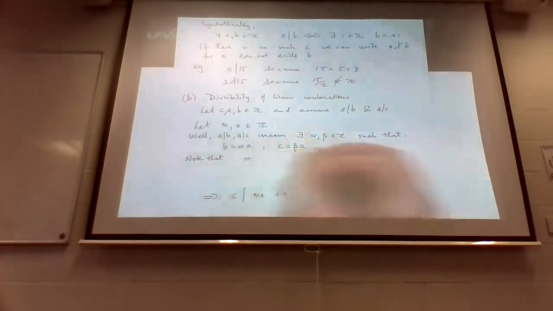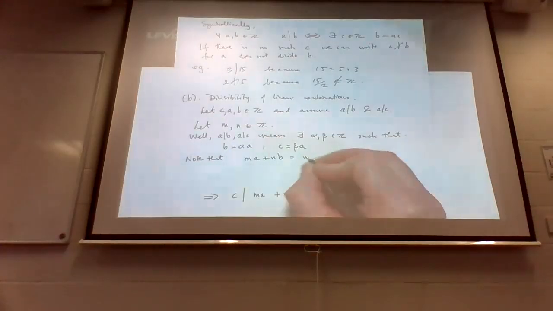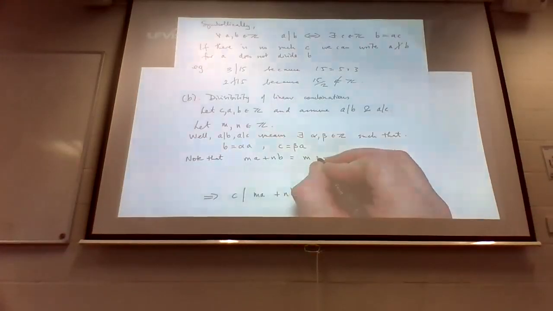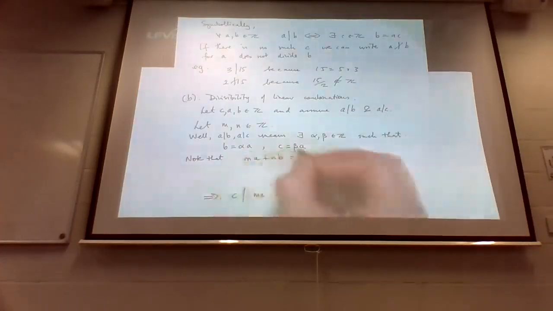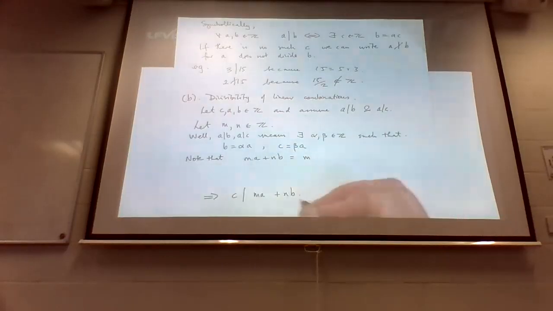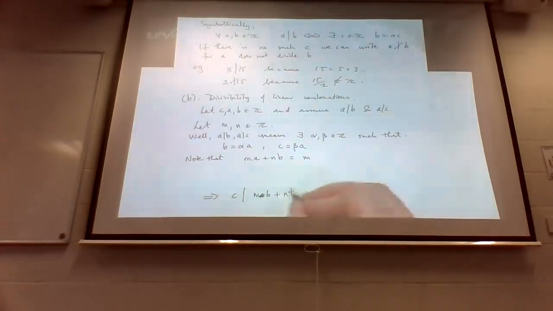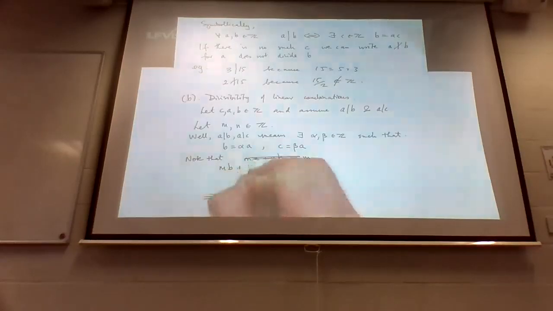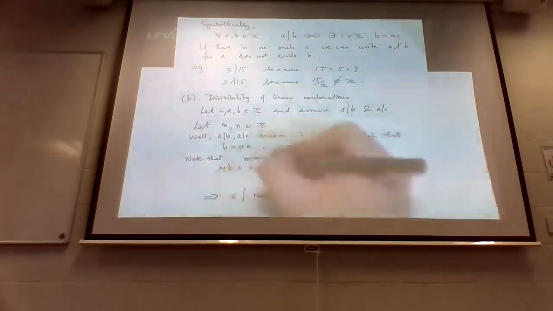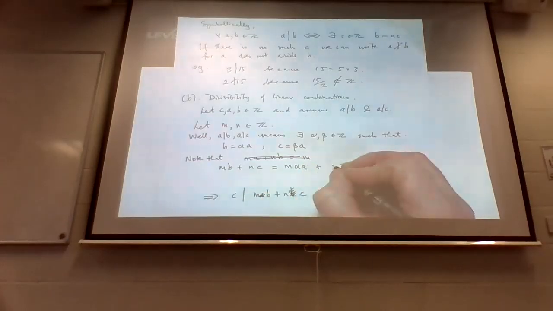Once you've done that, it kind of falls out into your lap, because we just examine this number, MB plus NC. By substitution, we can now write it as, sorry, I keep mixing up: A is dividing B and A is dividing C. So MB plus NC is going to be M alpha A plus N beta A. Wouldn't you have an A as well in the last step?